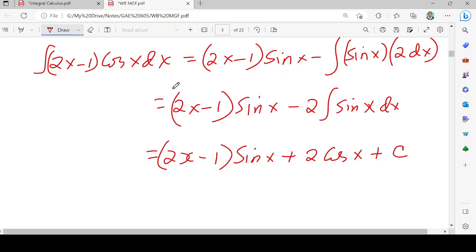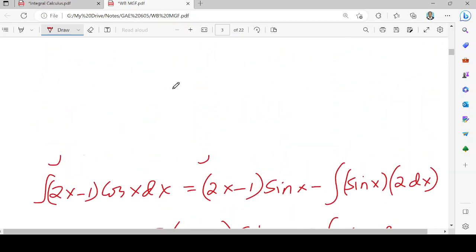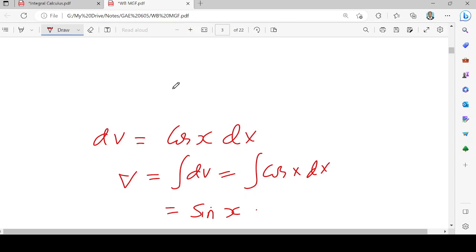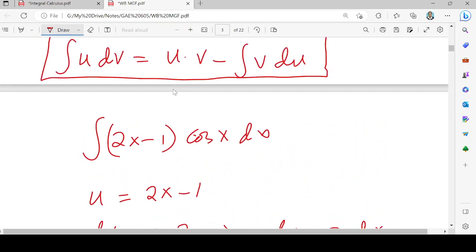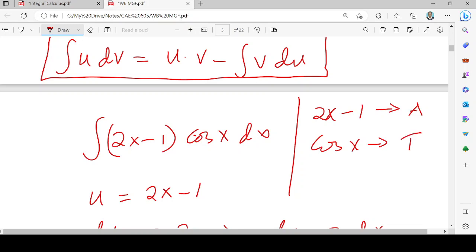So basically, in this case, once we have this integral, we start by noting that we have the function 2x minus 1 and cosine of x. This one is an algebraic function, and this one is a trigonometric function.